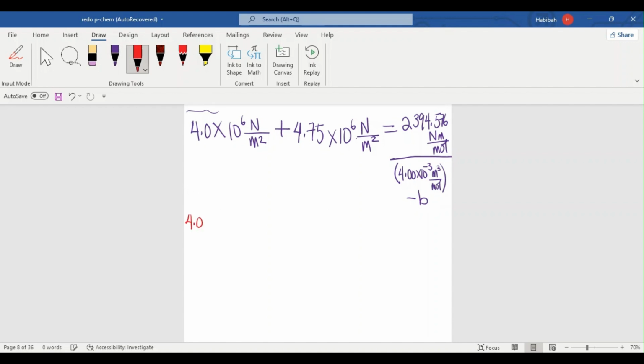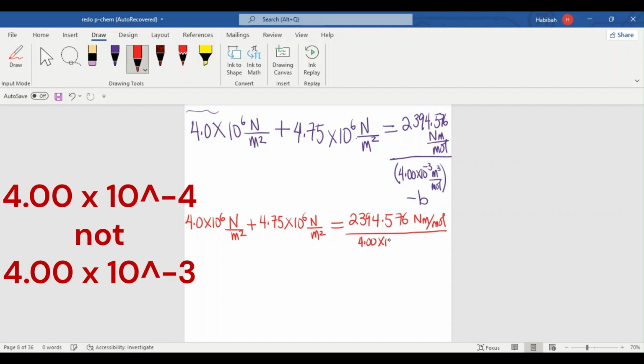You have 4.0 times 10 raised to the power of 6 Newton per meter squared, plus 4.75 times 10 raised to the power of 6 Newton per meter squared, equals 2394.576 Newton meter per mole, divided by 4.00 times 10 raised to the power of negative 3 meter cubed per mole, minus B.